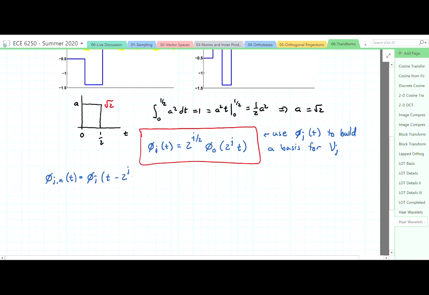So we actually scale our integer by 2 to the n. And so that's going to be 2 to the j over 2 phi naught (2^j t minus n).